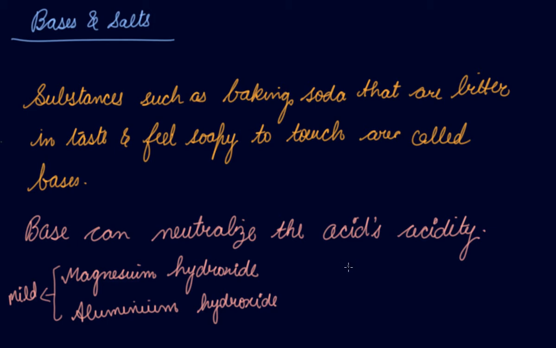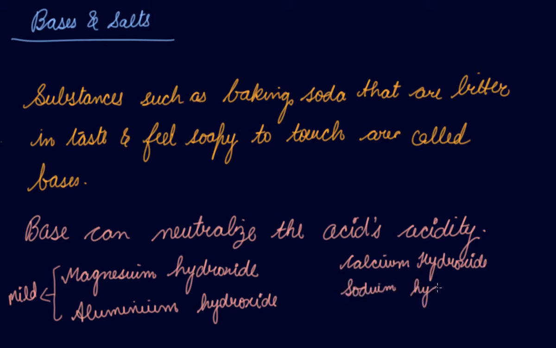If I talk about a strong base, then calcium hydroxide is a strong base. Now, sodium hydroxide and potassium hydroxide, from which soap is made, are also strong bases, like sodium hydroxide.